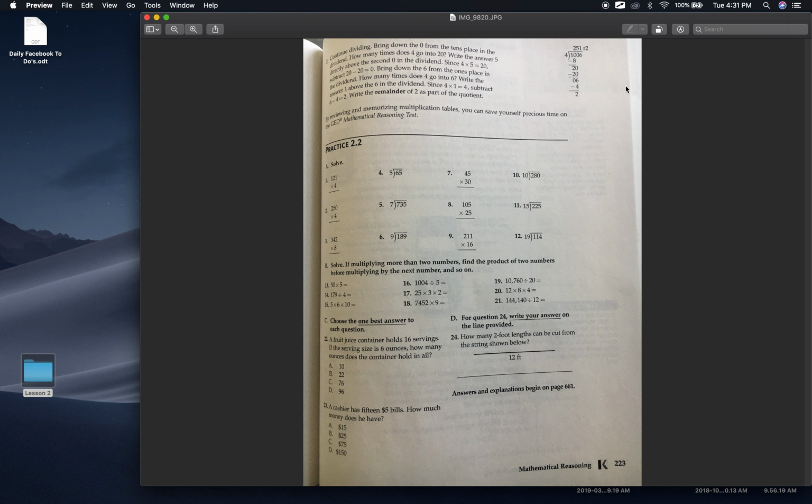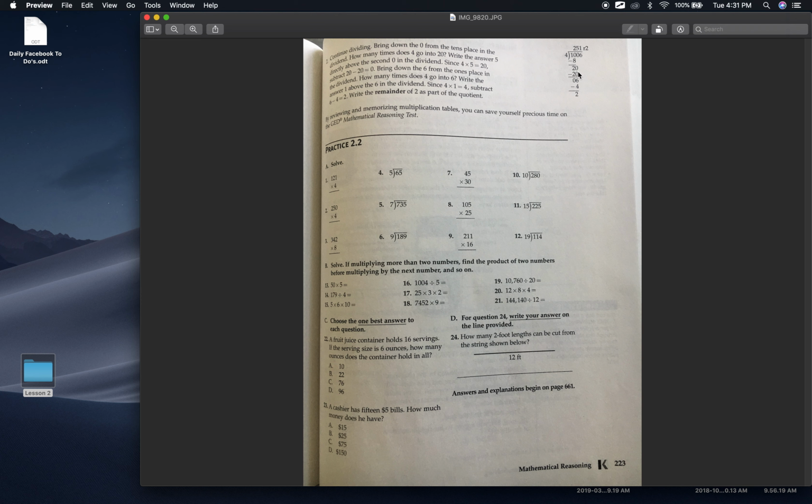Okay, so to continue here, we brought down the 0. Then does 4 go into 2? No, it doesn't. We brought down the 0. 4 goes into 20 5 times. So we put the 5 over the number that we last used here.